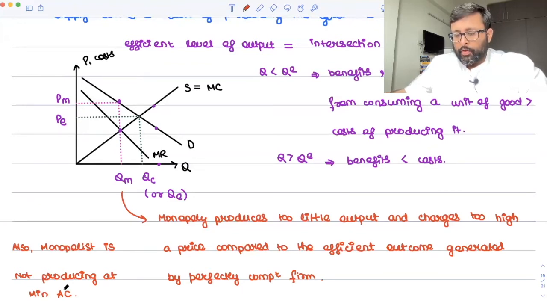So there is the loss of output from having a monopoly in the market as compared to the perfectly competitive firm. So that is what is called the deadweight loss, right? So it is a measure of inefficiency.